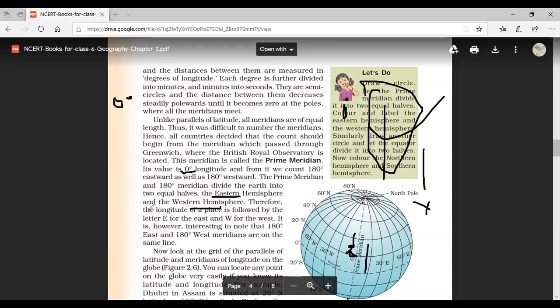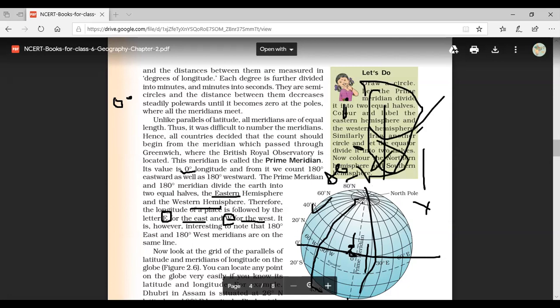Therefore, the longitude of a place is followed by the letter E for the east and W for the west. So if this longitude lies somewhere in the western hemisphere, for example 80°, I'll name it as 80° west.